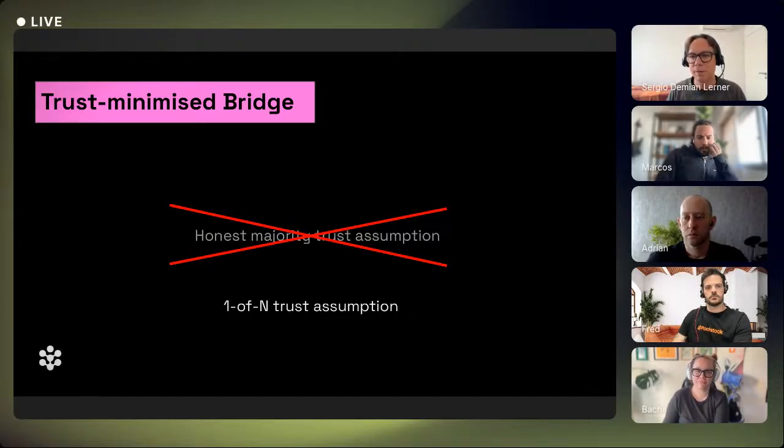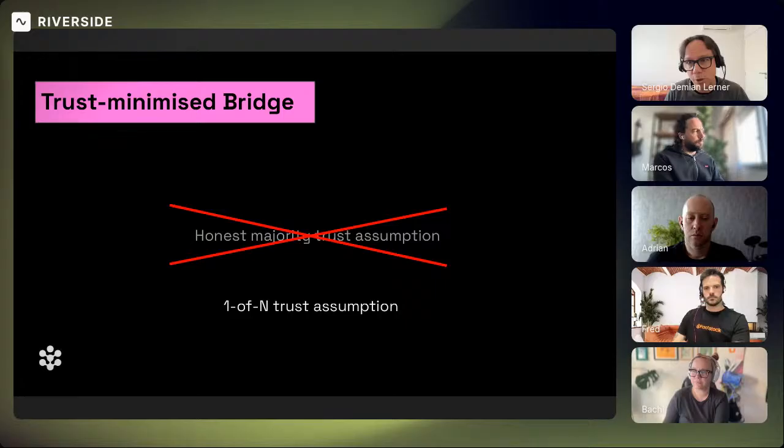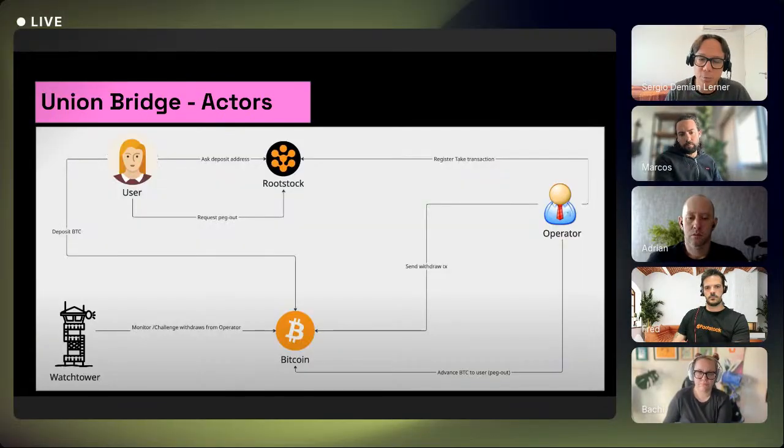And if one of them is honest, we are able to challenge any attempt to peg out with an invalid proof, right? So this allows us to grow this committee size as long as there is at least one honest participant. And we know that there will be many initial participants in this protocol, or possibly the PowPeg members, the current PowPeg members would switch and become also watchtowers or liquidity providers of the new bridge.